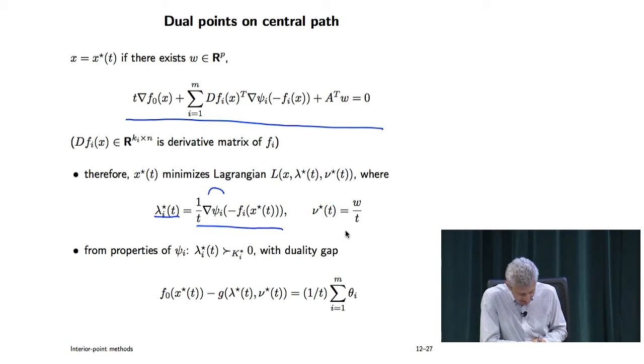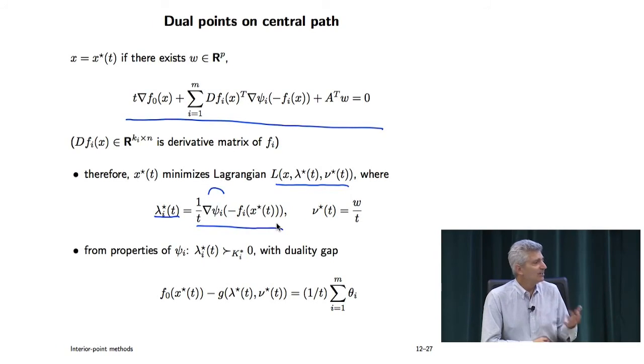Okay? And then what this says is that if you center here, then basically you minimize this Lagrangian here, where lambda star is this thing, nu star is that. That's identical to the other case. And you work out the duality gap, and you get the same thing. You end up taking the gradient of this, transpose this thing, and you know what you get?